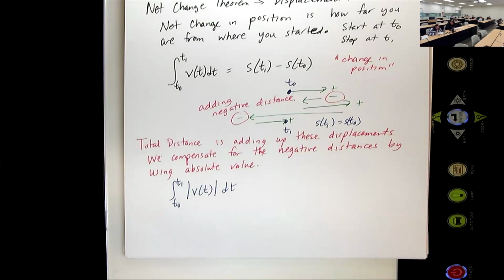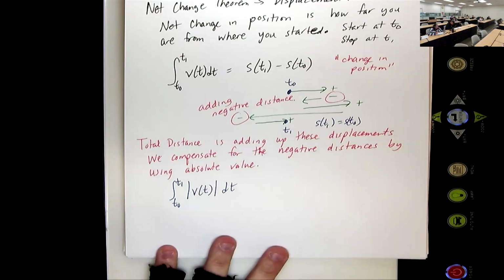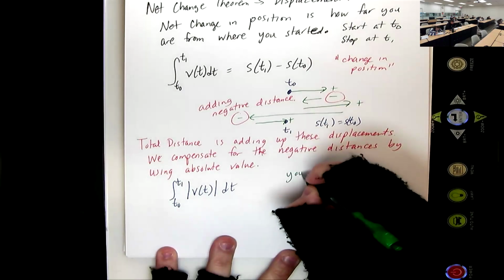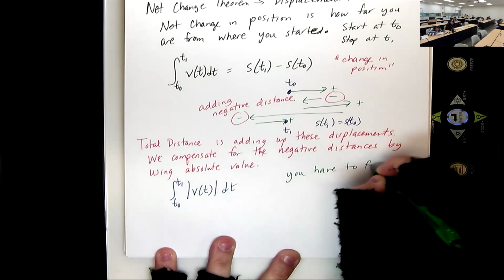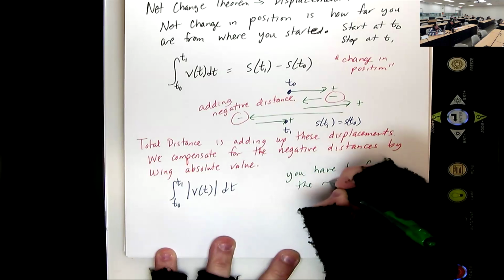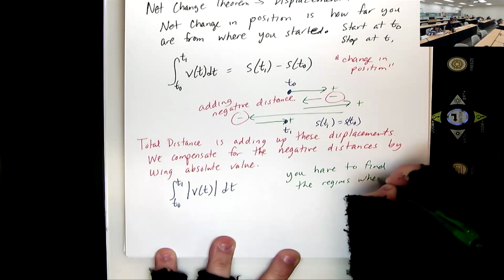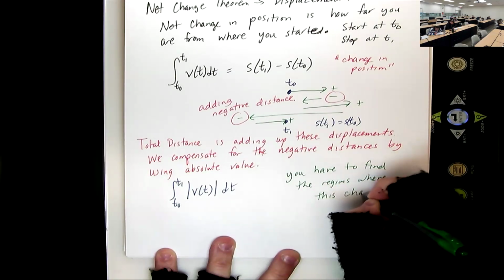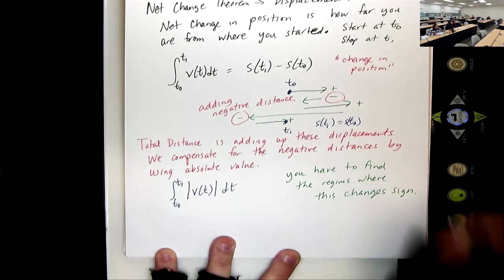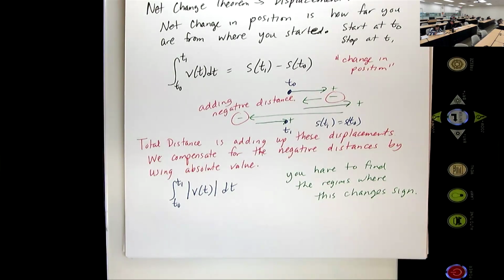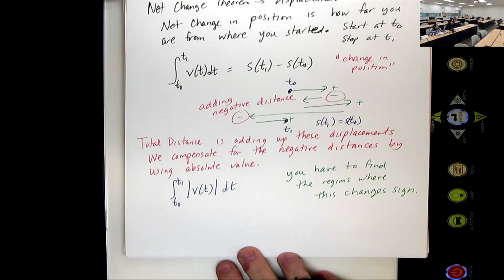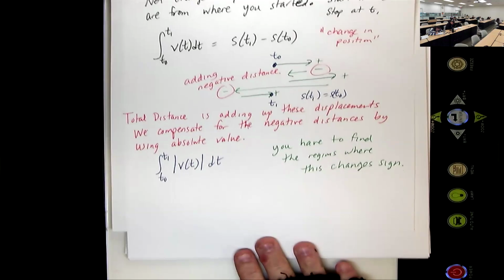The best way to go about showing you, because this isn't a fixed formula for every problem, is that you have to find the regions of change. And this is easier to do when we have an example.